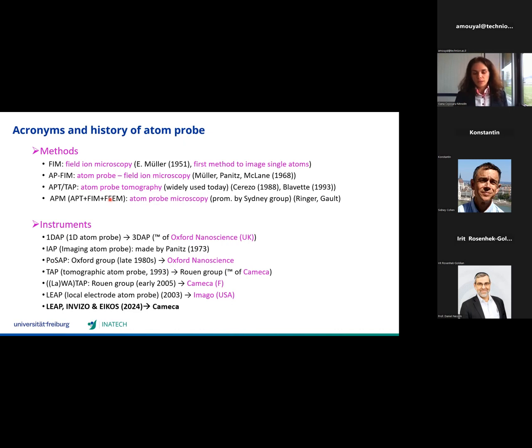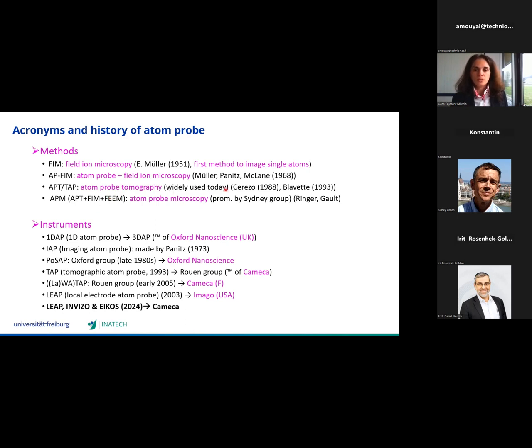But if we combine that with a mass spectrometer, and then we measure the time of flight of each impact, we could then calculate back the time of flight of each impact and determine the chemical identity of each atom. And then, since 1968, the real capabilities of atom probe tomography started to be developed.